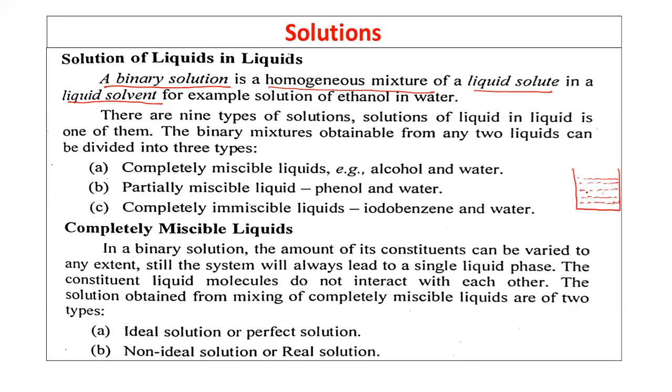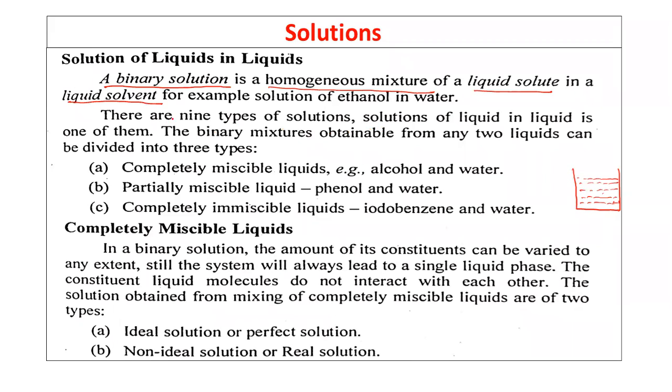Many examples we can give belong to this: solution of methanol in water, solution of carbon tetrachloride in ether, solution of acetone in ether, where there is formation of a homogeneous mixture, only one layer.